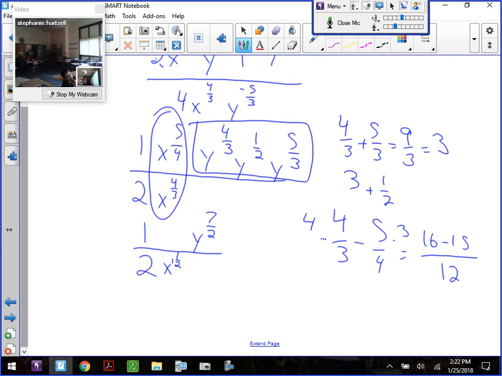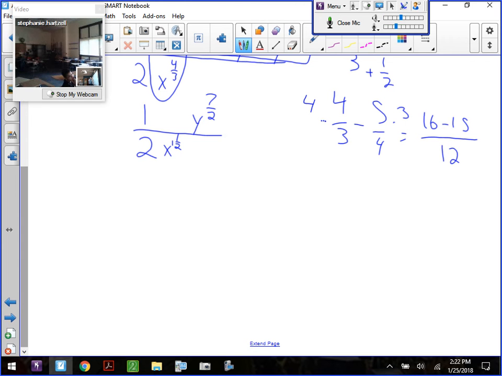All right. But the instructions tell me, should I have a fractional exponent in my denominator? No sirree. So what do I multiply the top and the bottom by to get rid of it? It's a 12. So we multiply both top and bottom.